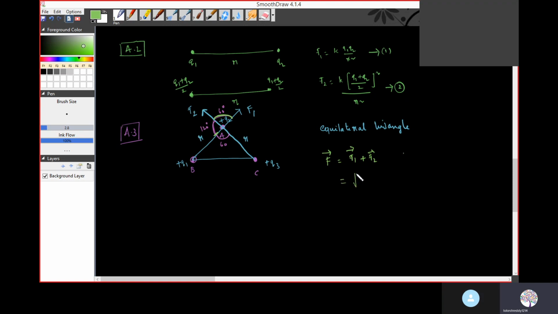So the resultant force F net will become root of F1 square plus F2 square plus 2 F1 F2 cos theta. Here you can substitute theta is equal to 60 degrees.